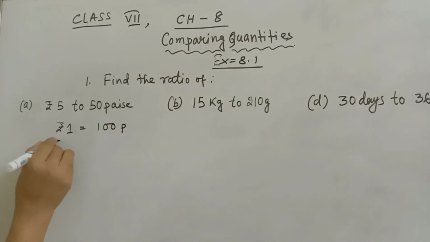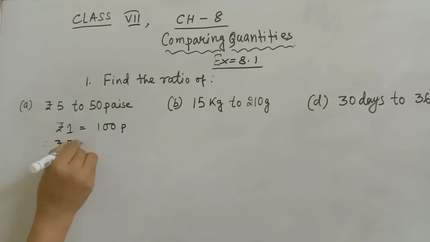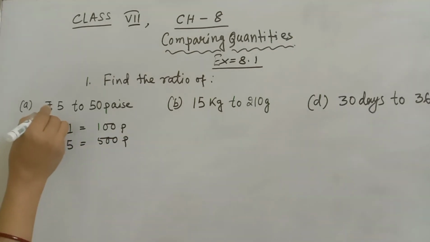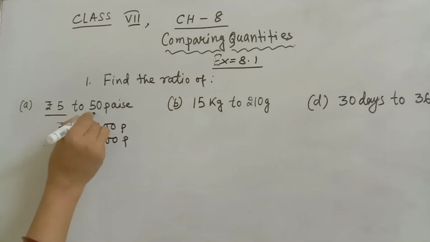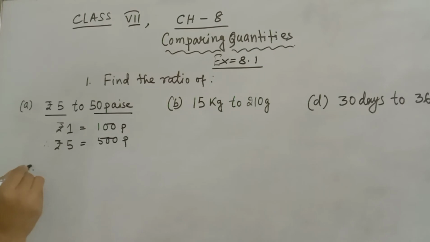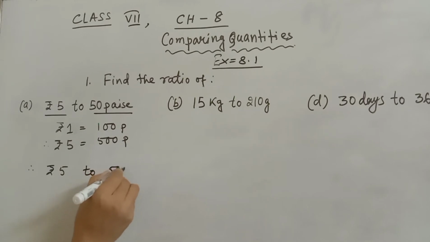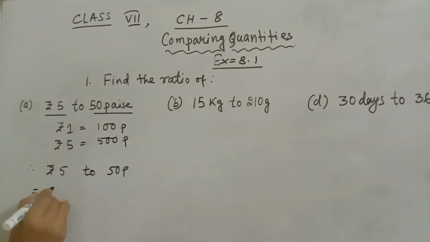Therefore, rupees 5 equal to 500 paise. Now, the ratio is rupees 5 to 50 paise. Therefore, rupees 5 to 50 paise means 500 paise to 50 paise.